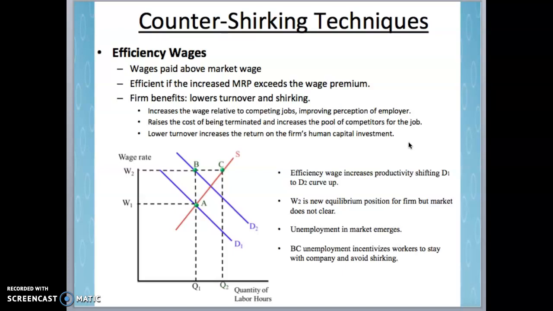I know In-N-Out in particular tries to promote from within at all levels. So that's an example of their efficiency wages keeping turnover low and justifying huge investments in human capital with their workers.